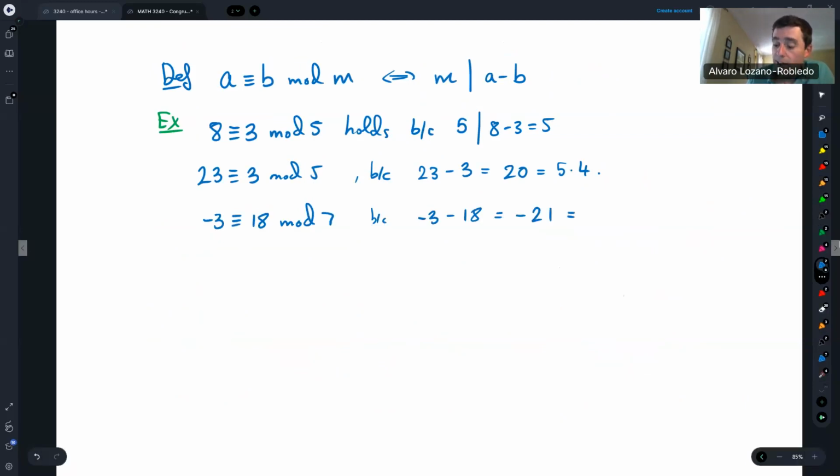And minus 21 is a multiple of 7. It's 7 times minus 3. So yes, minus 3 and 18 are congruent. Okay, but 55 is not congruent to 31 modulo 7 because, well, 55 minus 31 is 24. And 24 is not a multiple of 7.